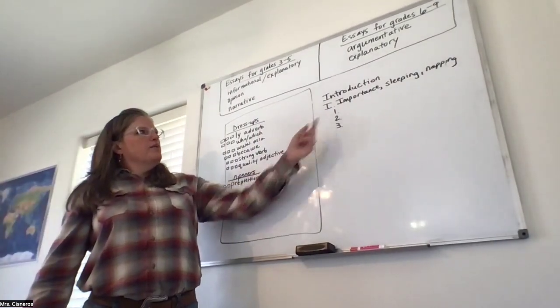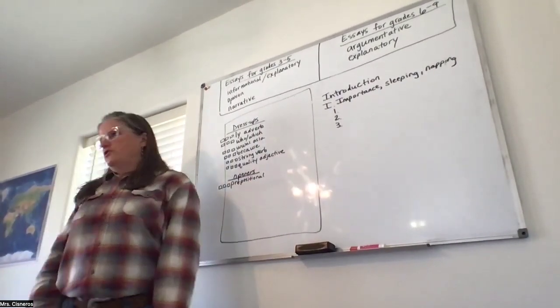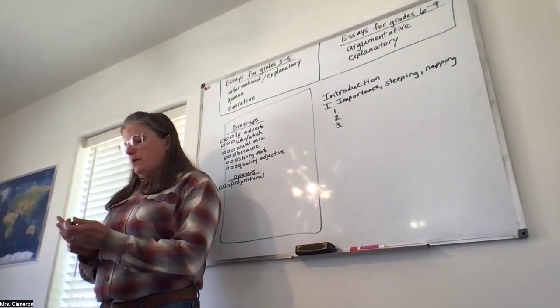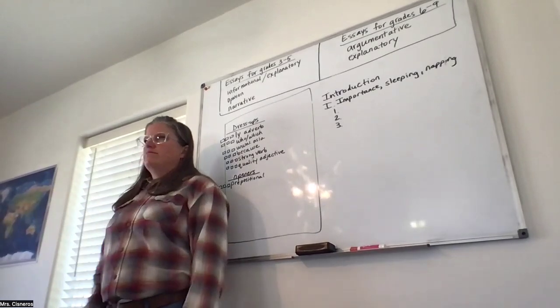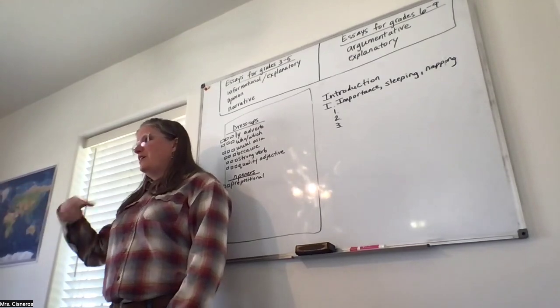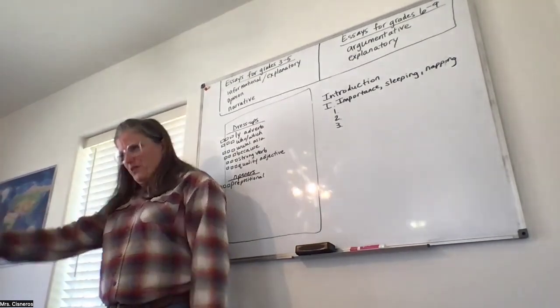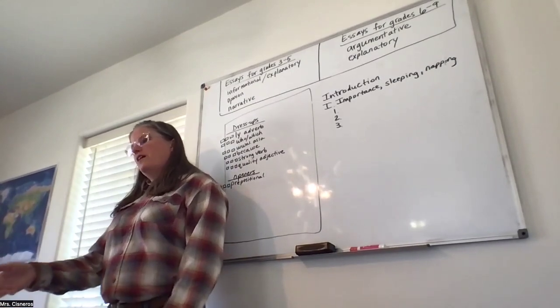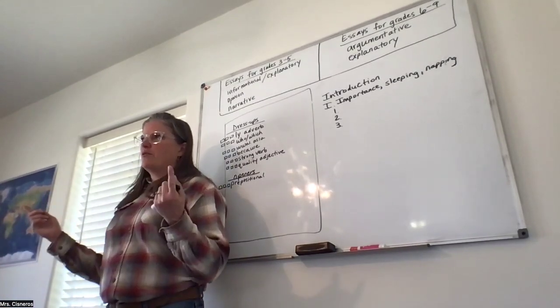And you want to start with an attention getter. So you might say something like a question, like, are you getting enough sleep? Or how much sleep are you getting? Or it could be a quote from one of the articles that you liked, something that you read, and you think, that's kind of cool how they said that.